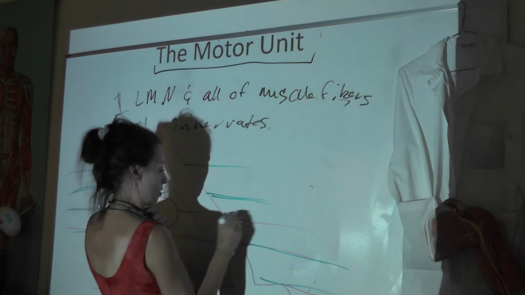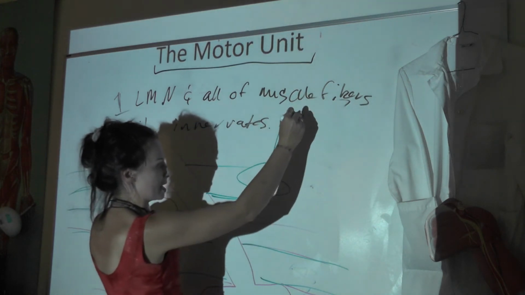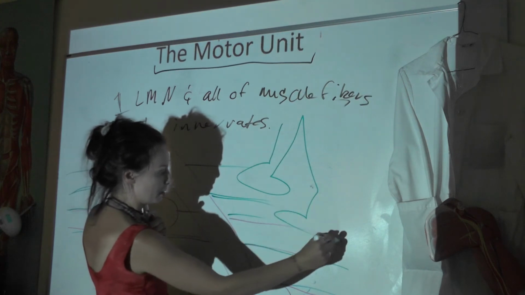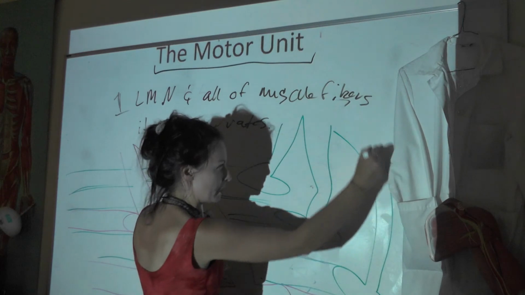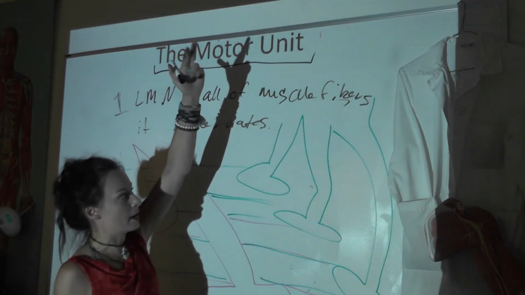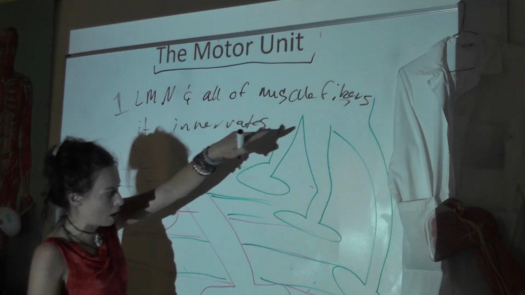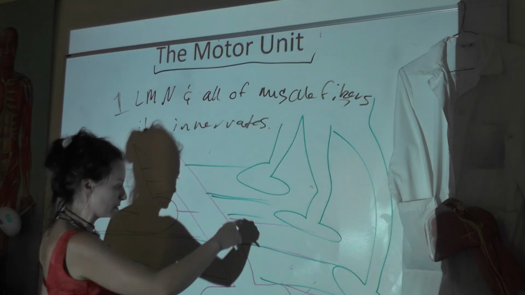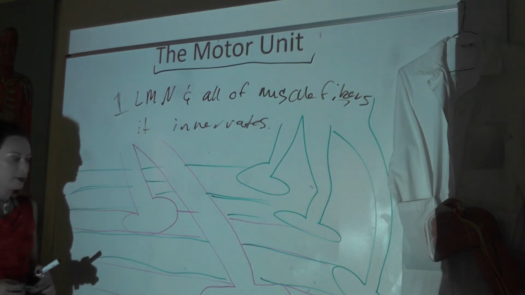And so what happens is that if you zoom into its end, its telodendria are branching, and we have these 1, 2, 3 terminals. So when the command coming down from my upper motor neuron stimulates an action potential in this lower motor neuron, it's going to stimulate the contraction of 1, 2, 3 muscle fibers in that motor unit.